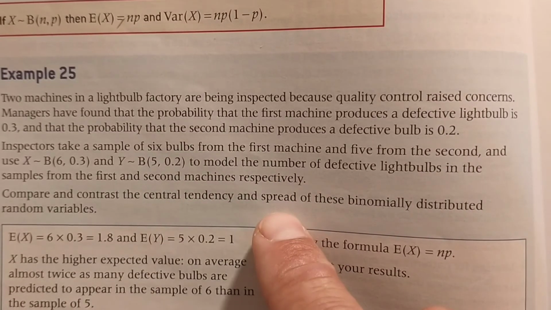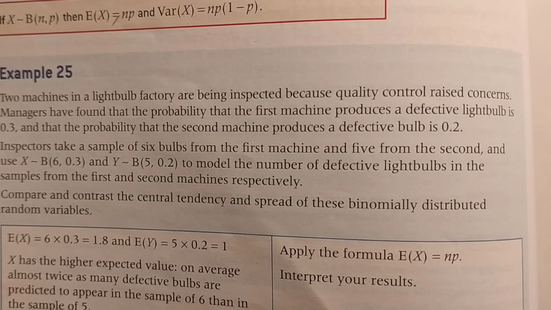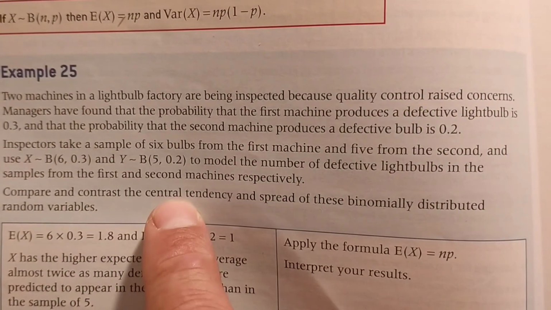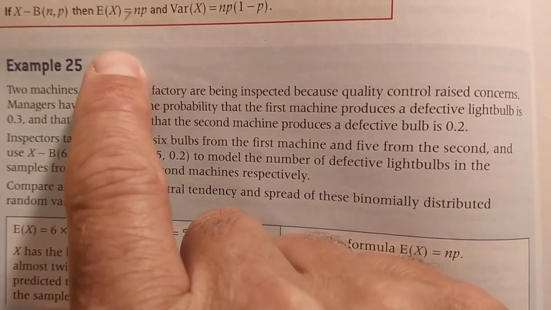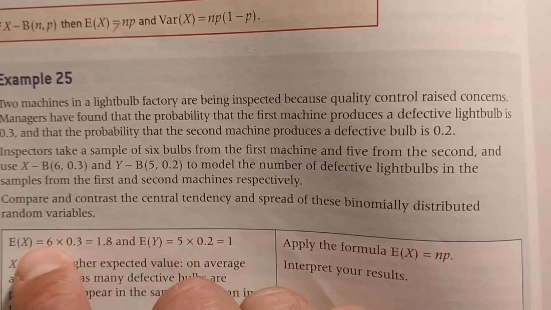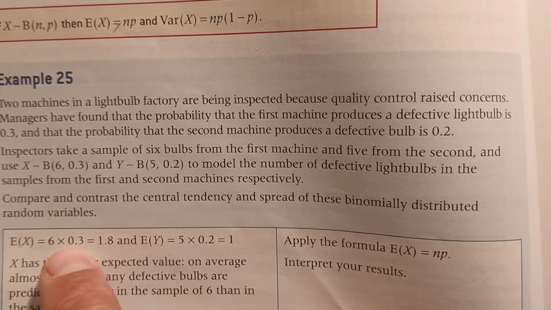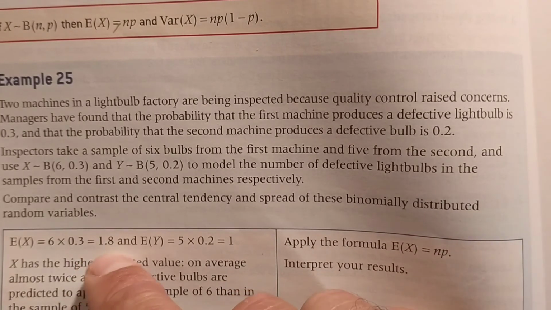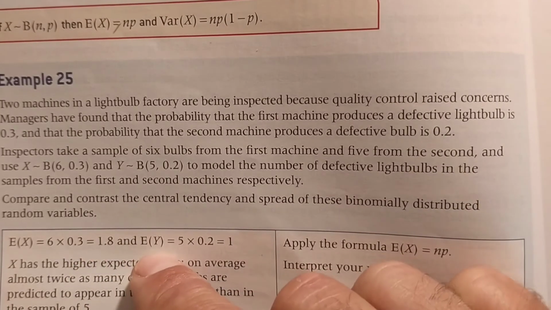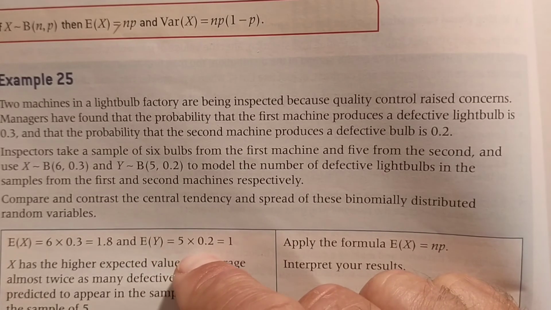So first of all, we have to calculate the mean, and we just use the formula we found up here, n times p. For the random variable x, you just multiply them together. 6 times 0.3 is 1.8, and the expected value or mean for y is 5 times 0.2, which is 1.